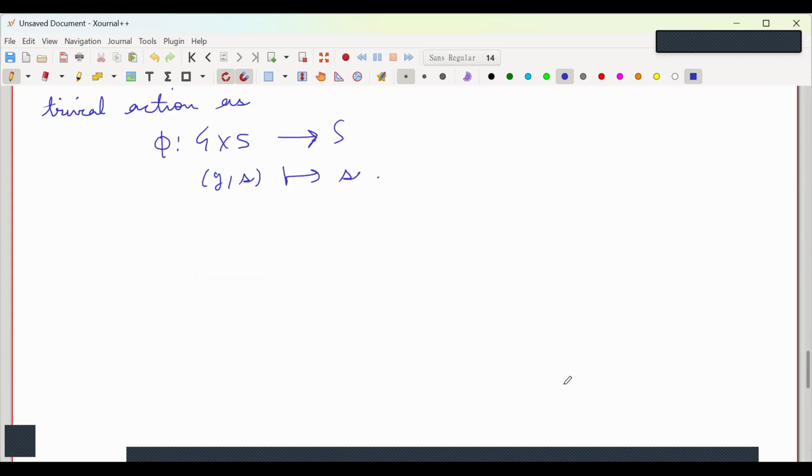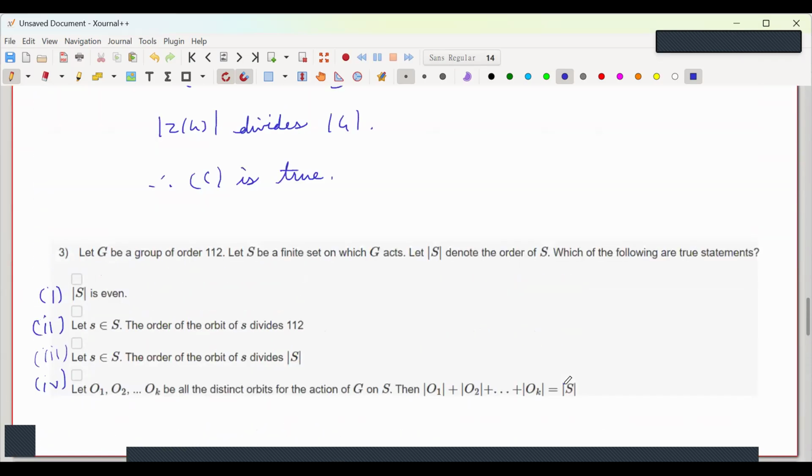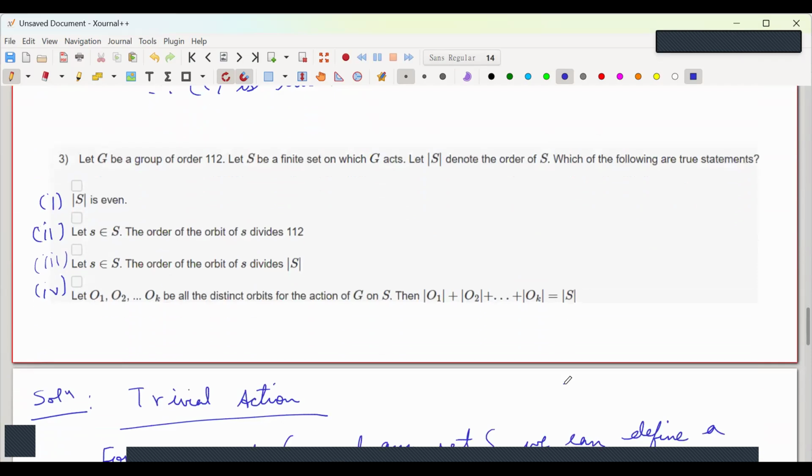Now, the first one says if the order of G is 112 and S is a finite set on which G acts, then the order of S is even.